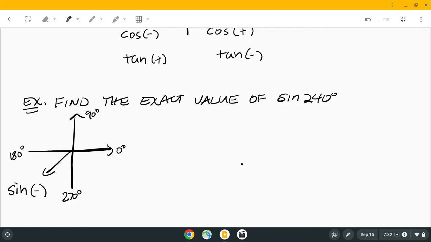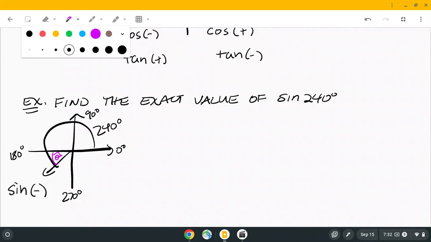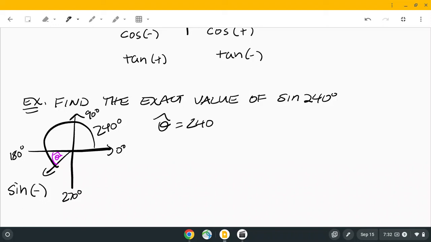Okay, we need to find the reference angle. So we know this big angle is 240. But what we want is the reference angle, which is this little sliver right here, theta hat. Okay, so theta hat is 240 minus 180.